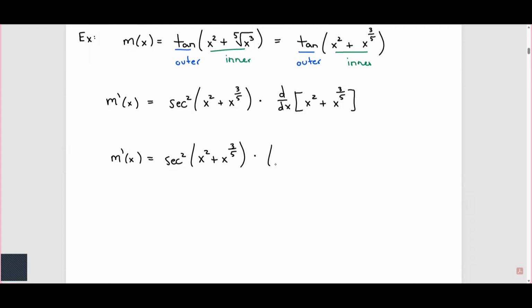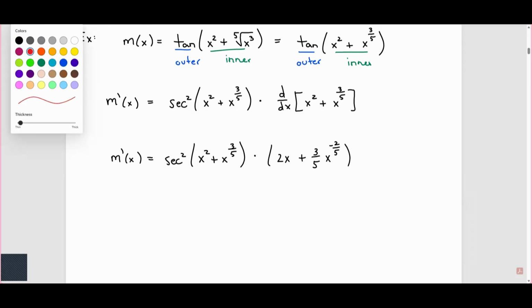Now I'm ready to take the derivative of the inner function. So I will bring down the 2, decrease my exponent by 1, plus bring down the 3/5, decrease my exponent by 1. By the way, if you do struggle with that, sometimes my students struggle with it. Perfectly understandable because fractions can be hard to deal with.